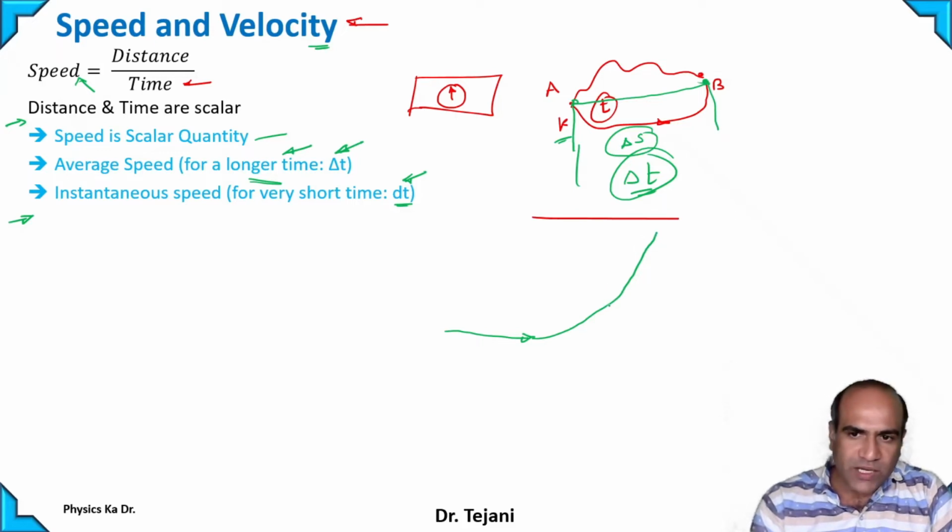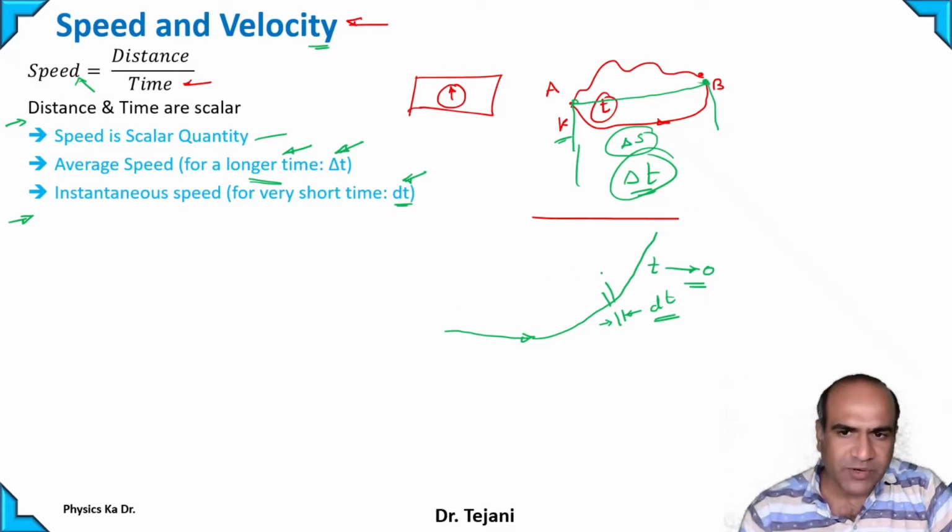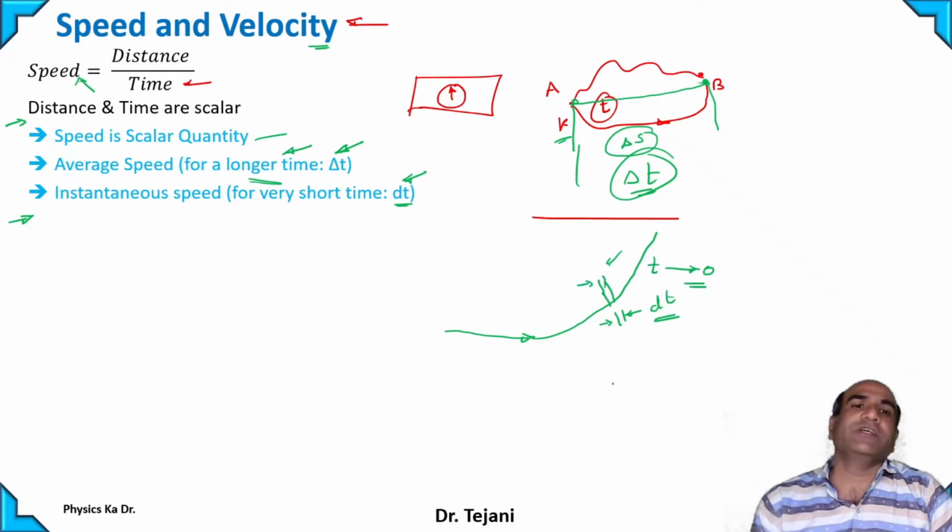If you want the speed at a particular small time during this flight, we can refer to dt, that is very small. We know that whenever dt is used, it is t tends to 0, in mathematics. So instantaneous speed is calculated when a very short time duration is required, and because of this short time duration the displacement or distance is also going to be very short.